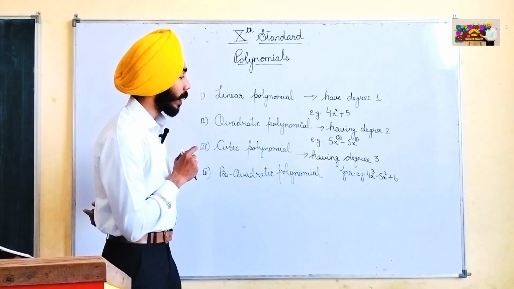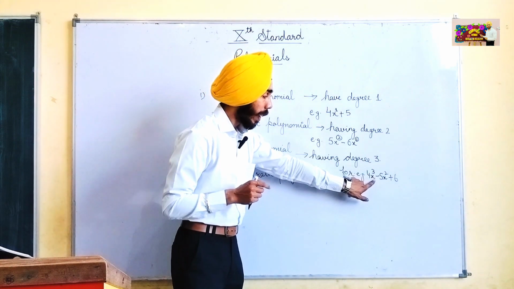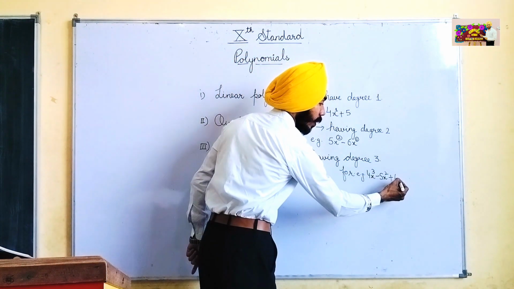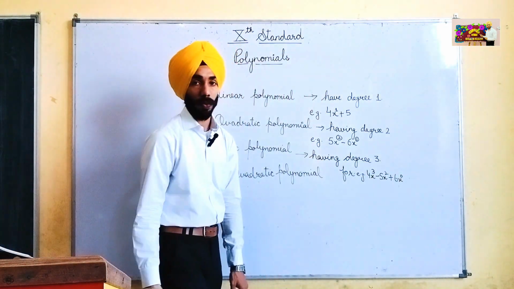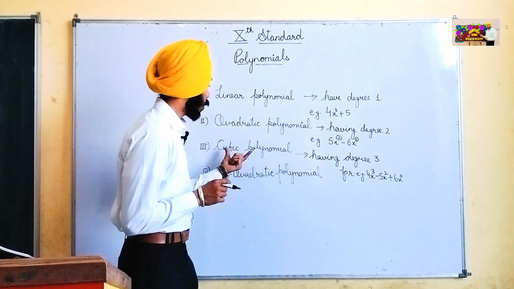This is polynomial having degree 3. X has power 3, here is 2 and here is power 0. Highest power is 3, so that's why this is cubic polynomial.